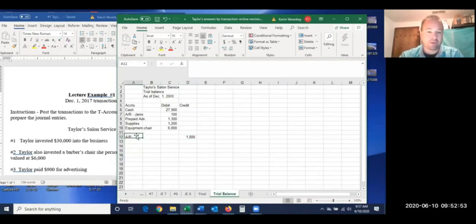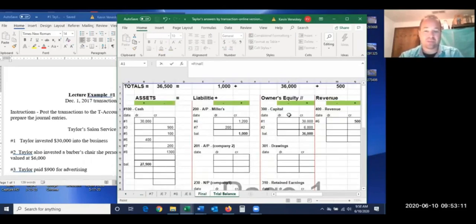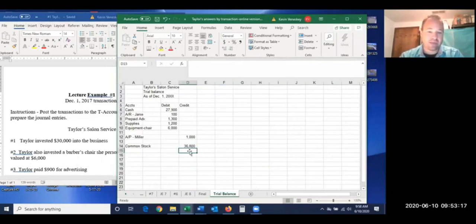And I'm going to go ahead and put in AP Miller. I'm going to skip another line because I'm starting my owner's equity. And I only have one of these as well, common stock. Common stock or capital, either one, was 36,000 on the credit side. So I need to have this on the credit side.